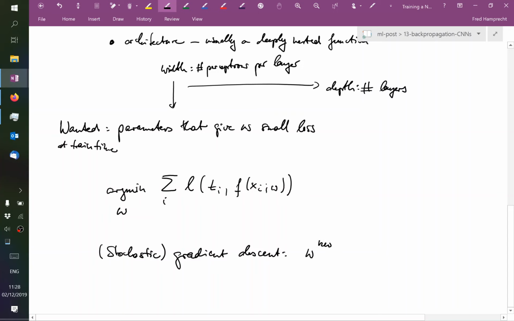I'm writing W new here, which are found by starting from the old ones and then using some more or less cleverly chosen step size.